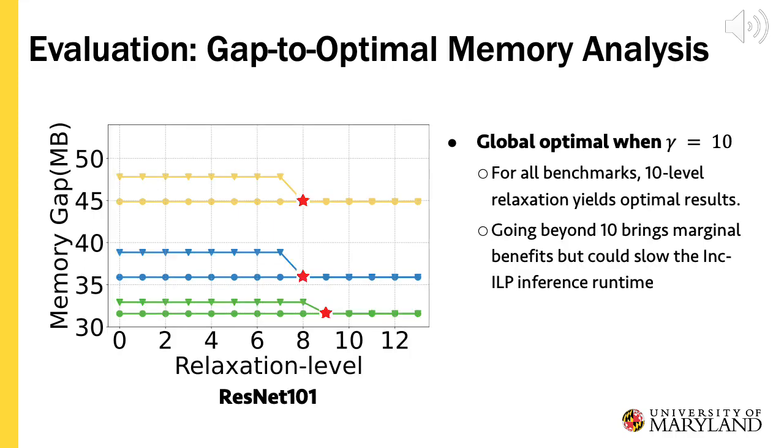Second, most benchmarks achieve global optimal scheduling results with a small relaxation level. We observe that for all graphs tested, the 10-level relaxation is sufficient to generate global optimal results for all cases. Increasing the relaxation level beyond 10 brings marginal benefit but could reduce the advantage of IncLP in solving runtime speedups.